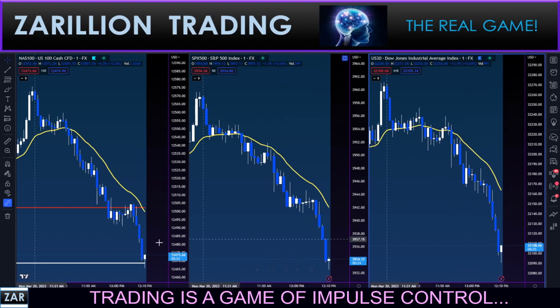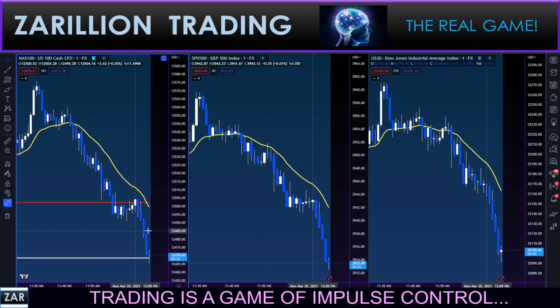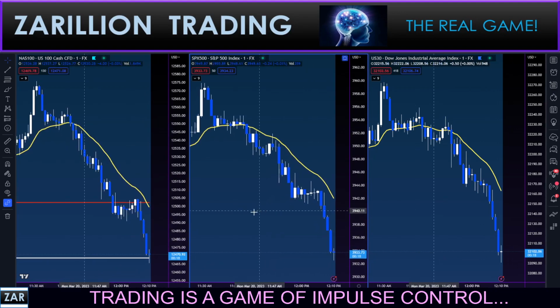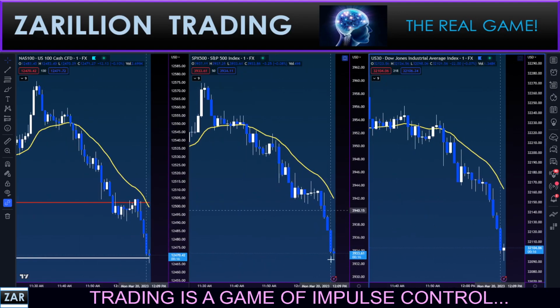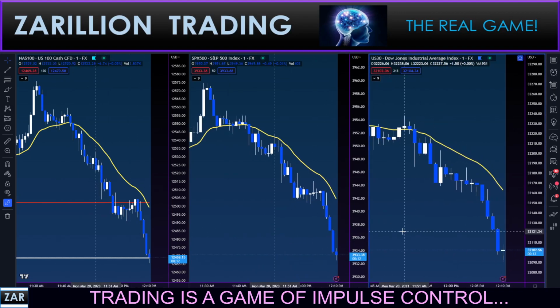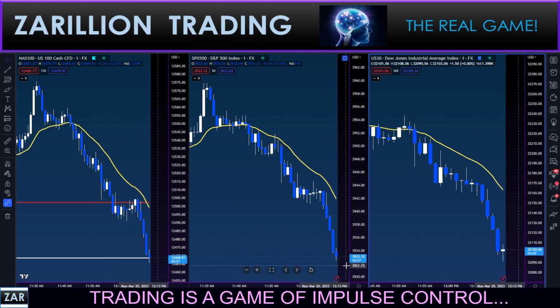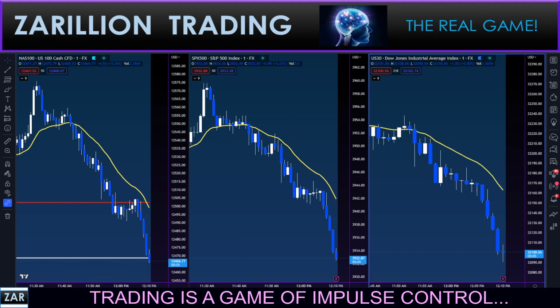This is an extended move, though. There's a very good chance of this thing pulling back for a while before actually hitting targets here. Ideally, this thing would just drop by gravity during the Twilight Zone. Sometimes we see that. That would be nice if that happened. We need one more push down. This is the S&P, it's this one here, right? Looking for that one more push. Let's see if we can get it.